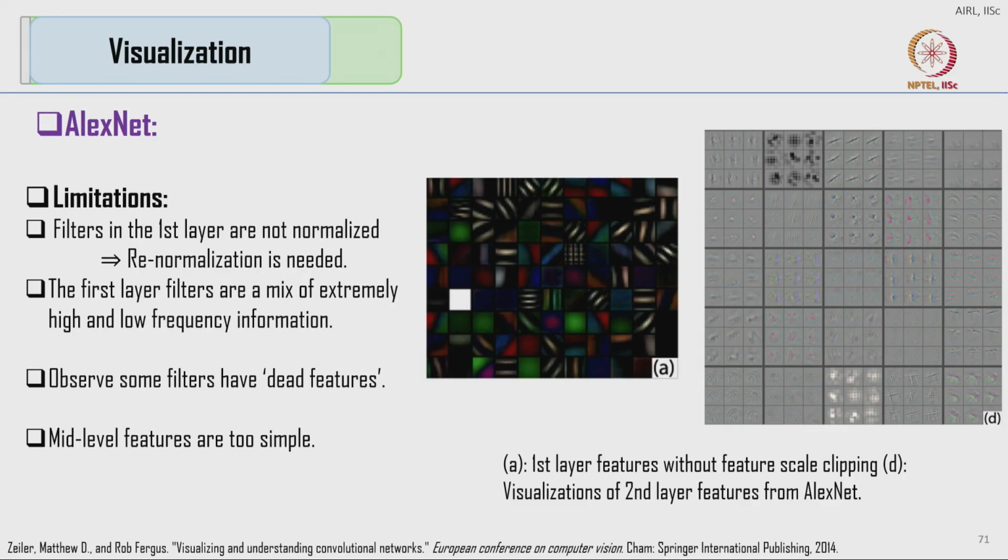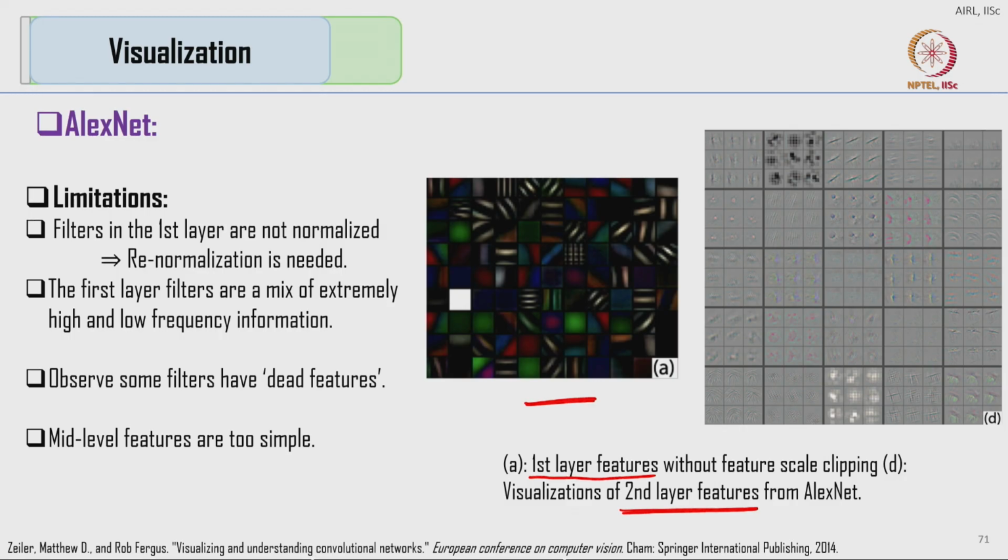Now some of the limitations of AlexNet are observed in the feature maps that we can see on the right. The feature map A is the feature map of the first layer, and the second one is the visualization of the feature map after the second layer. Filters in the first layer are not normalized.